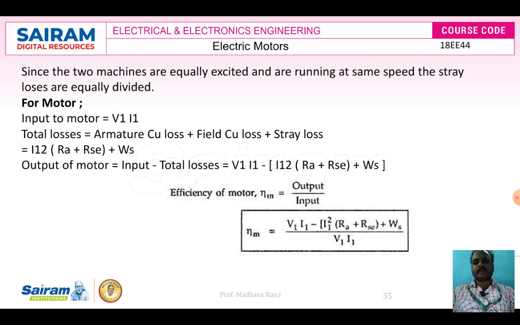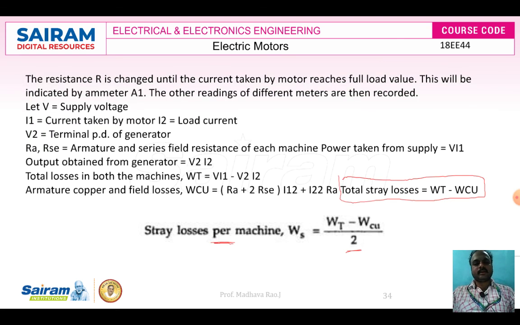For the motor, how will we calculate the efficiency? Input power to the motor is V1 I1. Total losses is I1 square (Ra plus Rsc) plus Ws. Output of the motor is input minus losses, so V1 I1 minus losses.